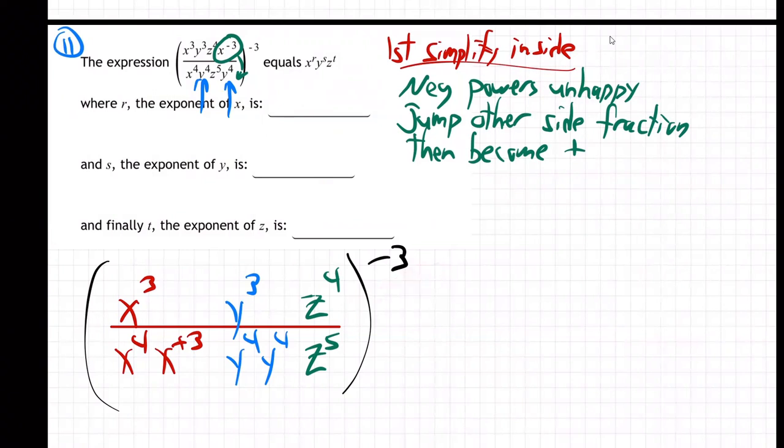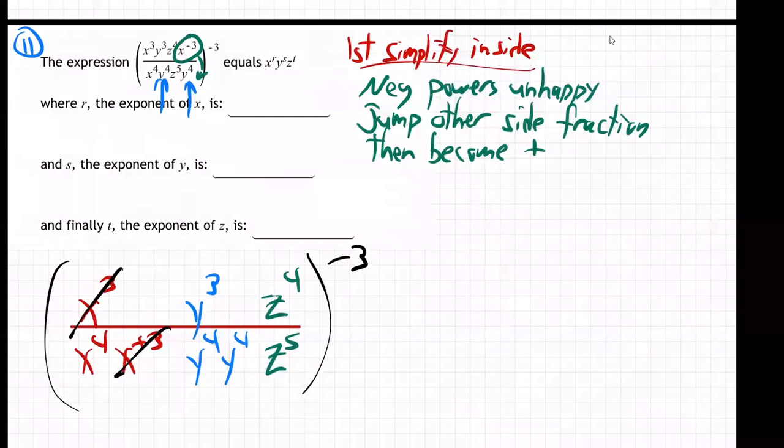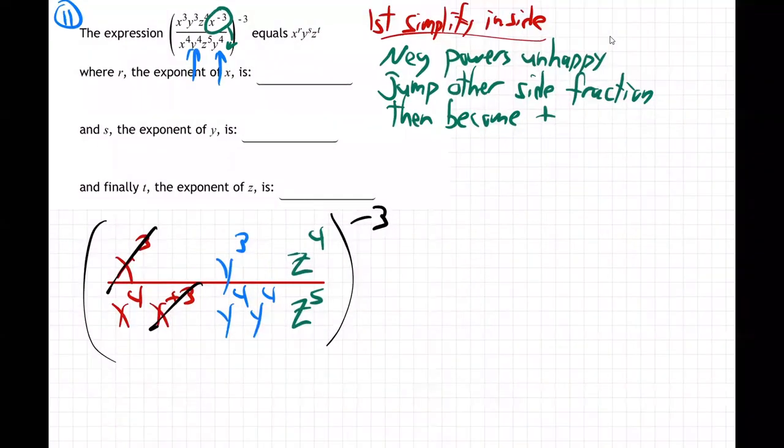So now, what are you going to do? Well, powers that are side by side add. There's a couple of things you could do. The easiest is just cancel those guys. They're just gone, right? You've got the same thing top and bottom, so they cancel out. Whereas these two Y's right here are going to add, aren't they?